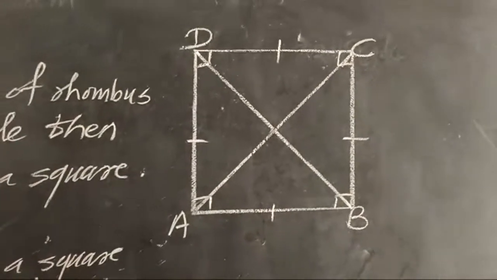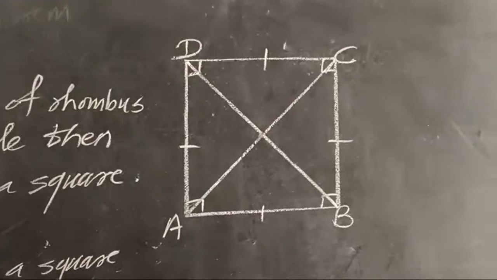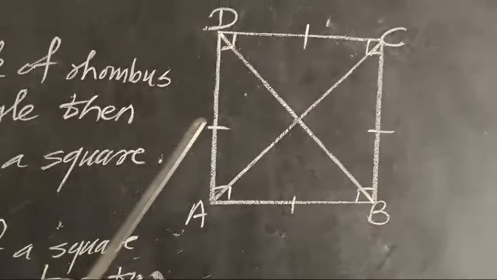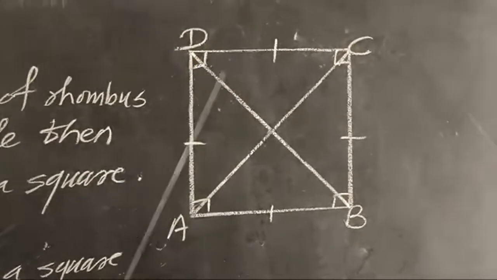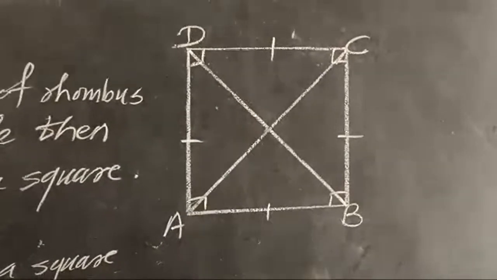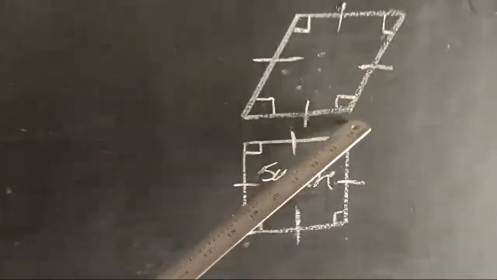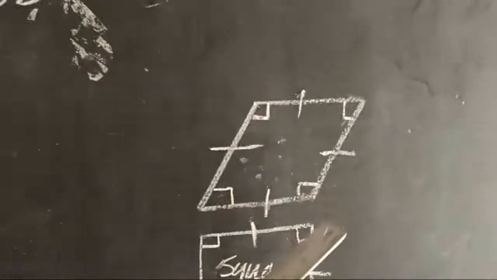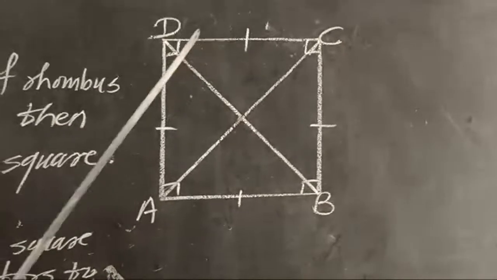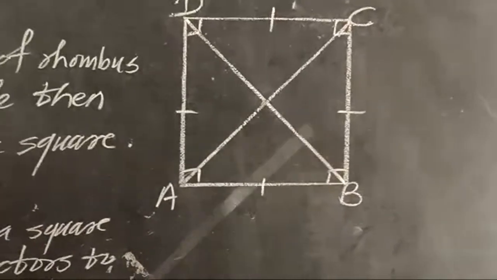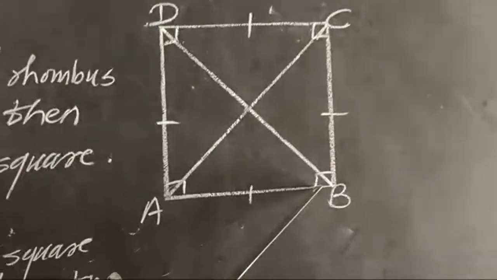Next property is the diagonal of a rhombus bisects the opposite angles. Same property applies here also. The diagonal of a square bisects the opposite angles.